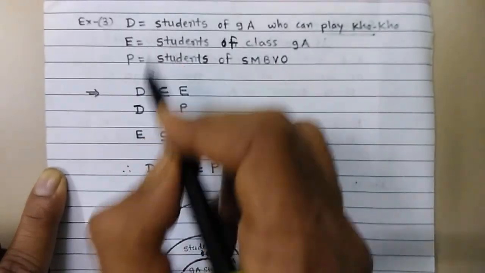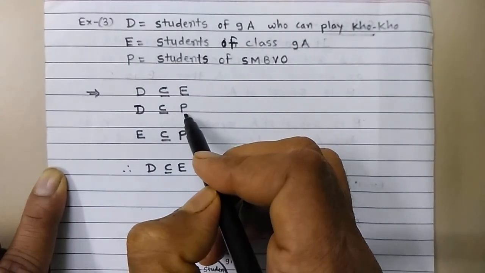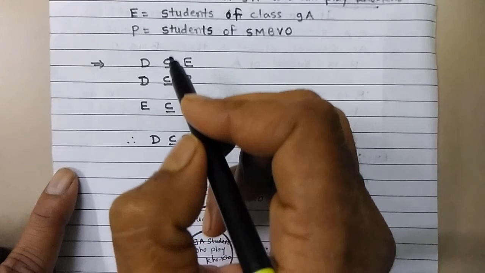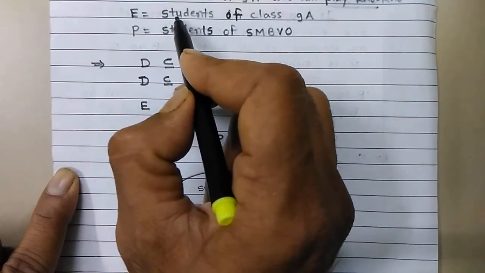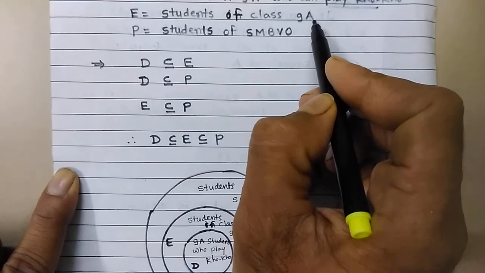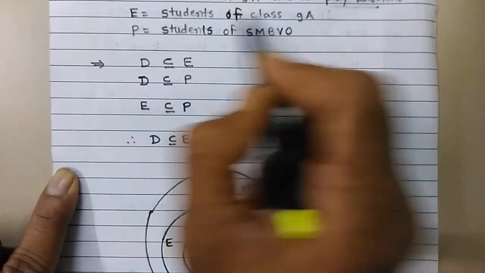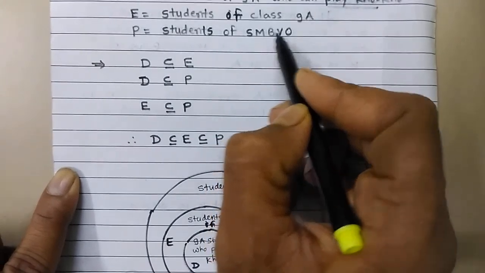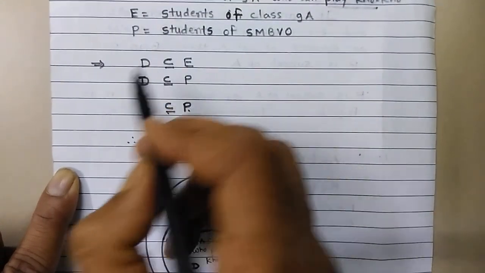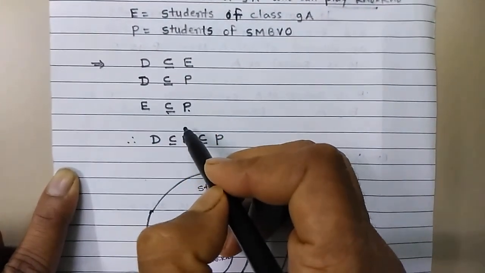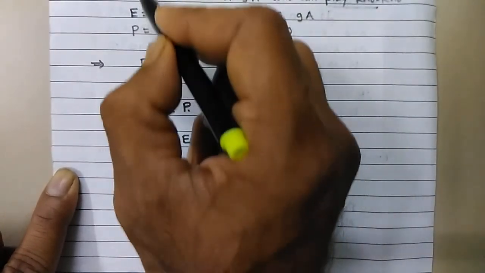That's why D is a subset of P also. Now, another relation is also here. E is the set of students of class 9th A. These are the students from Mahatma Bashveshwar Vidyalaya. That's why E is subset of P. In this way, we can write here the subset relation between these three sets.